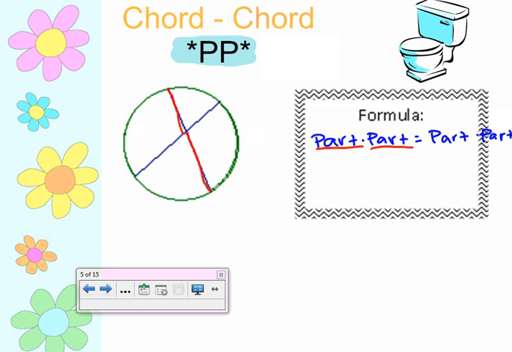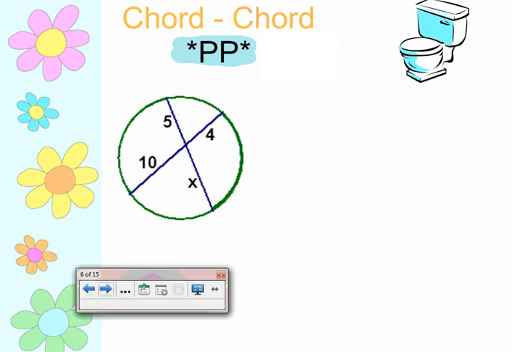Then we have a part of a segment here, being this one, and this part being that one. Okay, so we multiply each part by each other, the ones on the same line, in order to give us our value there. This is why we call this PP. Okay, so let's look at an example.